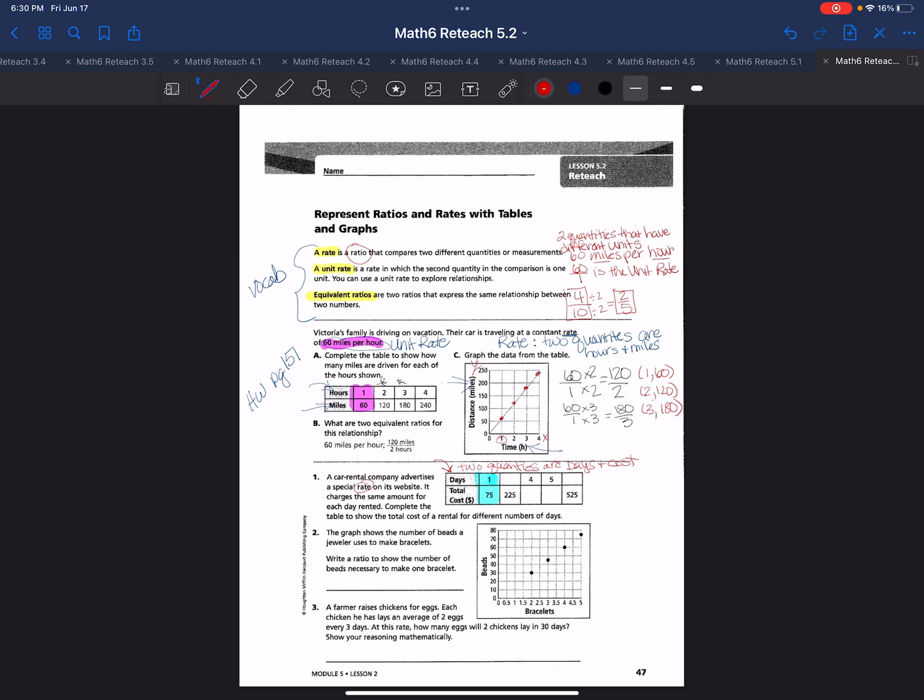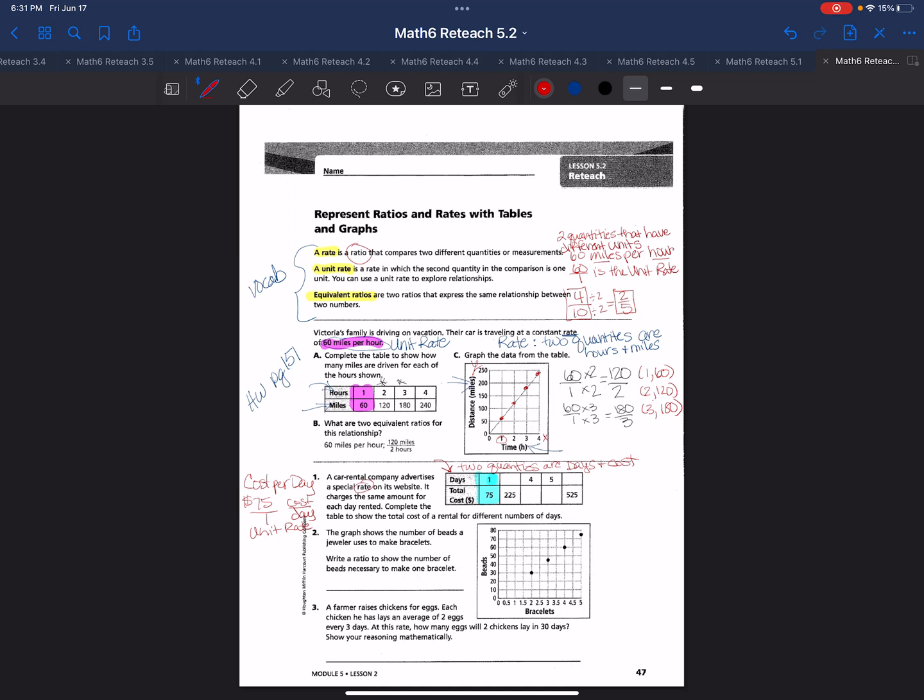So it gave me the cost per day, meaning 1 day is $75, and that's the cost per day. And this is my unit rate, and that is given right here in blue.